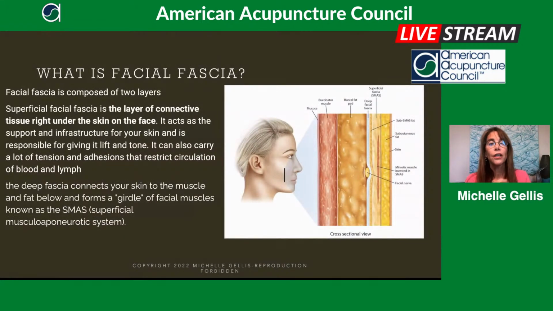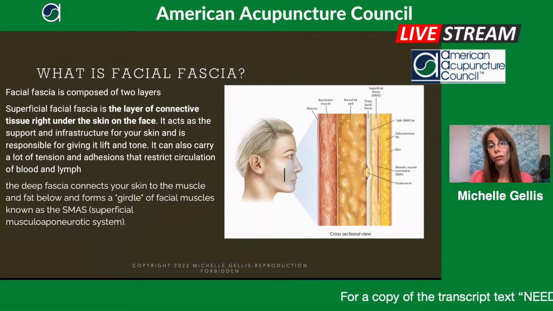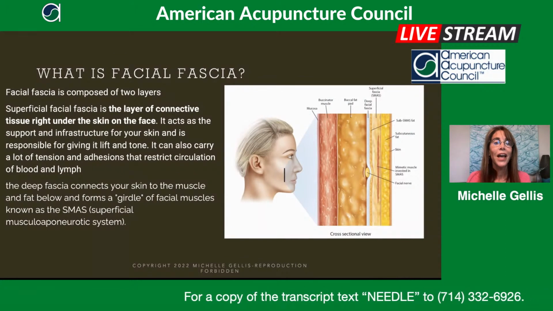So facial fascia is composed of two layers, and the first is the superficial facial fascia, and that is on the outer layer, and it's right underneath your skin, and it helps to support your face and hold everything up, and it's responsible for giving you a youthful appearance.